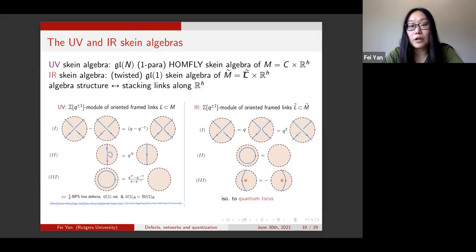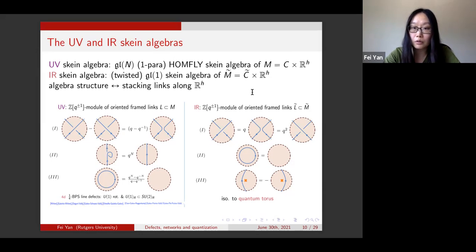What is it? So recall that we have the spectral curve C tilde, which is a branched covering over C. And then the covering three-manifold is simply given by the product of C tilde times the real line. And recall that C tilde, since it's a branched covering, will have branch points.